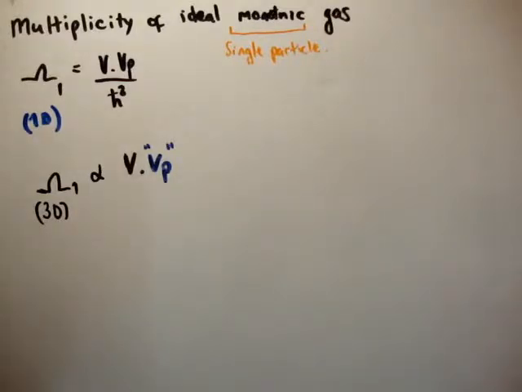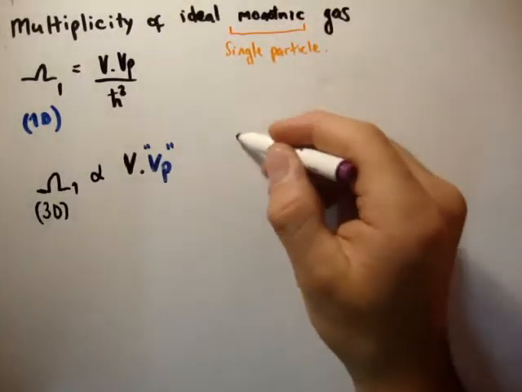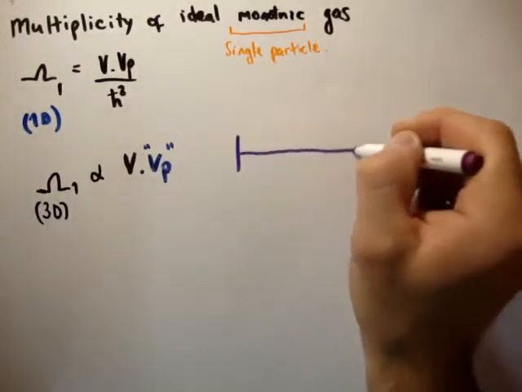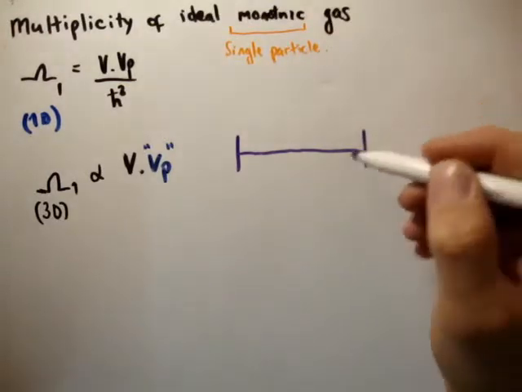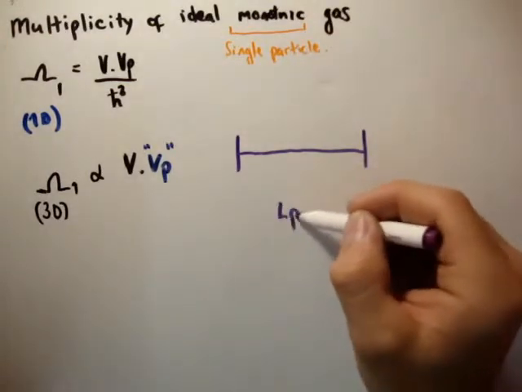Well, particles are very small, or molecules are very small, so it's best to talk about lengths and all that sort of thing using the de Broglie relationship. If that's the case, we say that each particle has a wavelength. Let's say in one dimension, this is the length of my box.